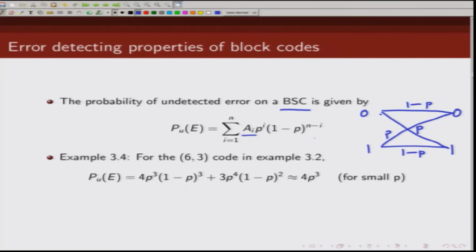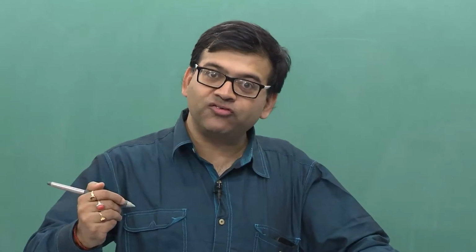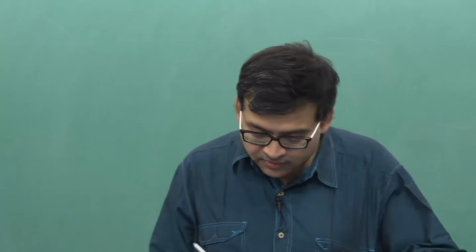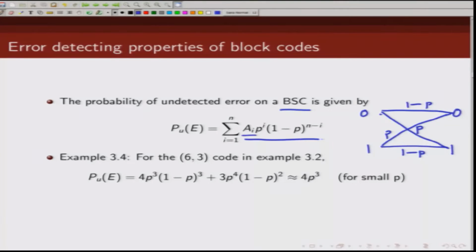Now, an undetected error will happen if the receiver receives any non-zero code word. So, I have to sum up this probability for all i going from 1 to n. This is my overall undetected error probability if I send a linear block code over a binary symmetric channel.